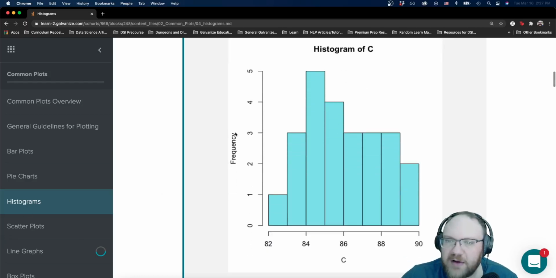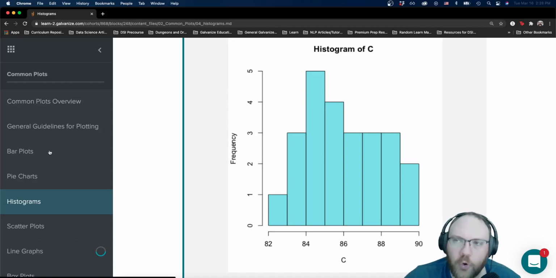We have a frequency on the y-axis when we're looking at histograms. The difference here is that on a histogram, what we have is always numerical in nature, which is not going to be the case with bar plots. It's also continuous, right? So this is sort of 82 to 83, 83 to 84, 84 to 85, etc., etc.